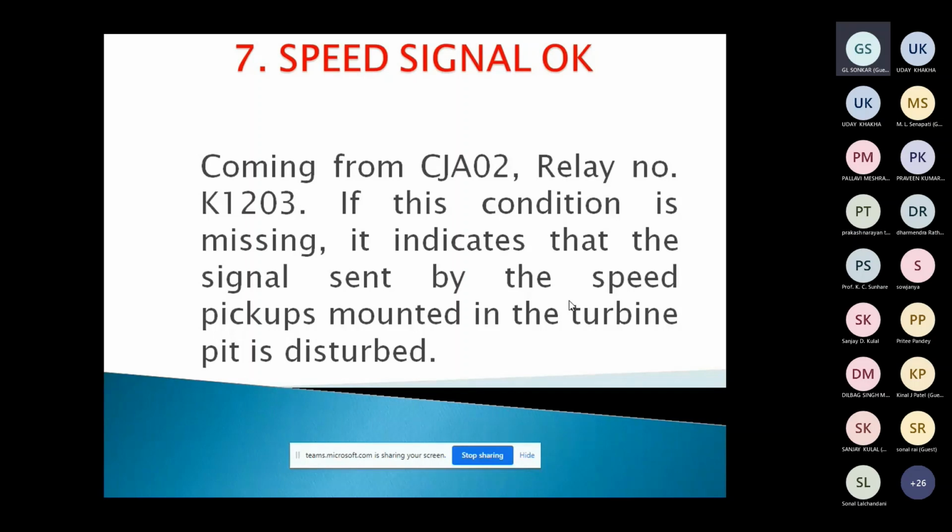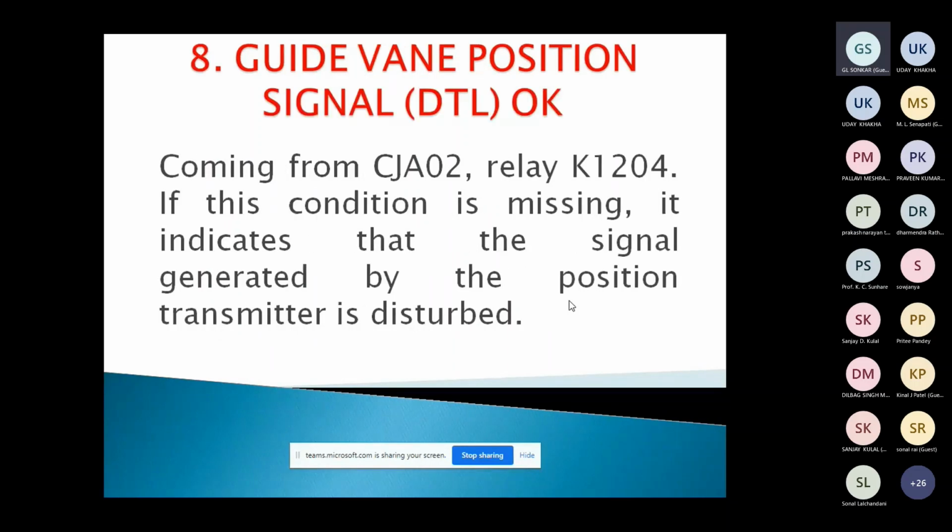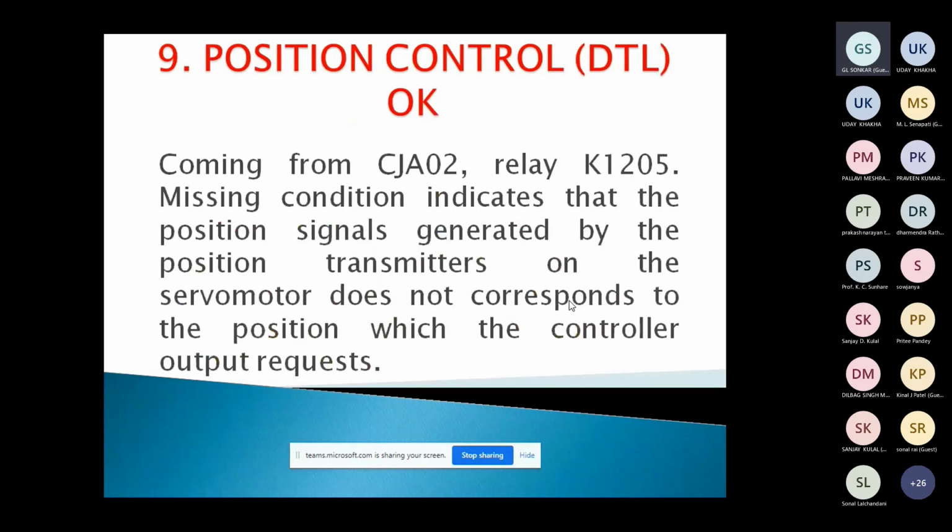You can check it. In guide vane position failure, it indicates that there is a problem with the transmitter. A position transmitter is always installed on the guide vane, okay? And the signal generated by the position transmitter is somewhat distorted. That's why it will not be coming. Similarly, for the position controller, there is a position transmitter installed on your servo motor also.